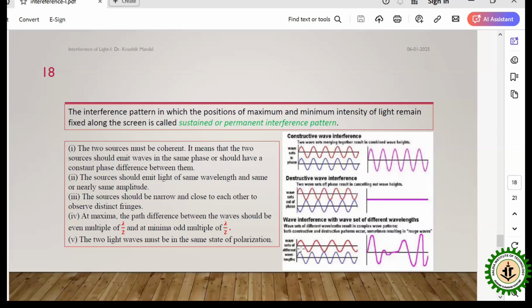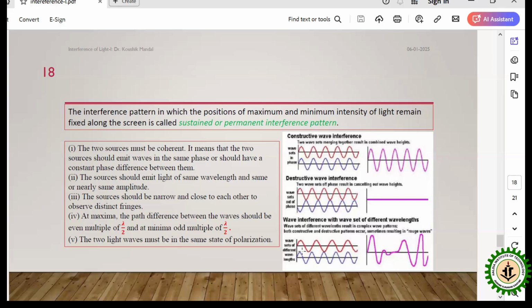See, the red light has a larger wavelength in comparison to this blue wave, and they are interfering. Here you observe an irregular resultant intensity pattern, because there is a different wavelength and a different phase difference and path difference.